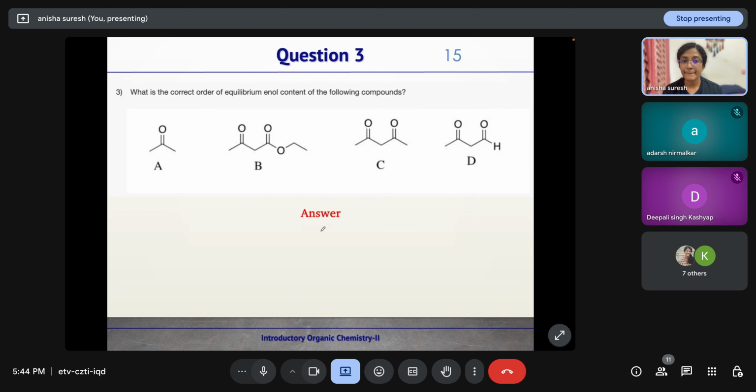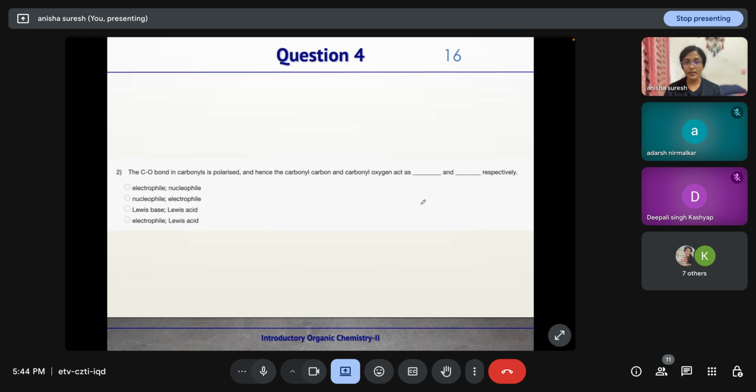So the correct answer for equilibrium enol content is C greater than D, greater than B, greater than A. Is it clear? Any doubts? Okay. Now going to the next question.